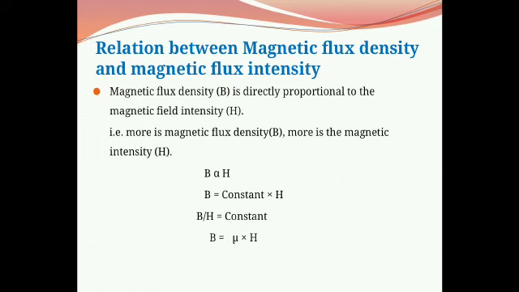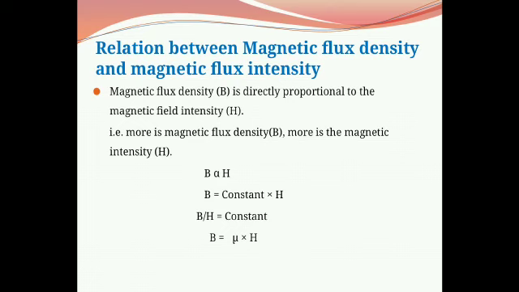These two quantities are directly proportional to each other, and therefore B is directly proportional to H, where B means magnetic flux density and H means magnetic field intensity or magnetic flux intensity.